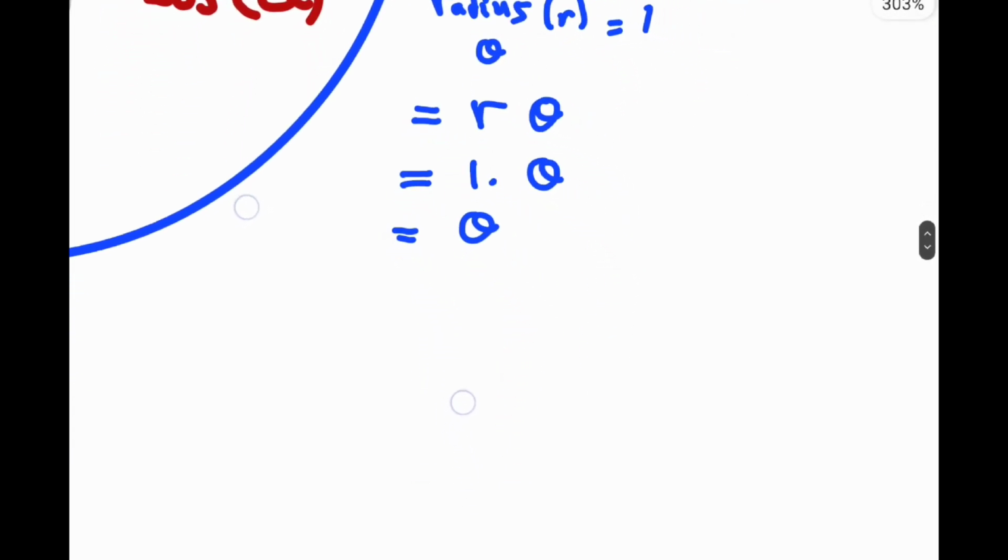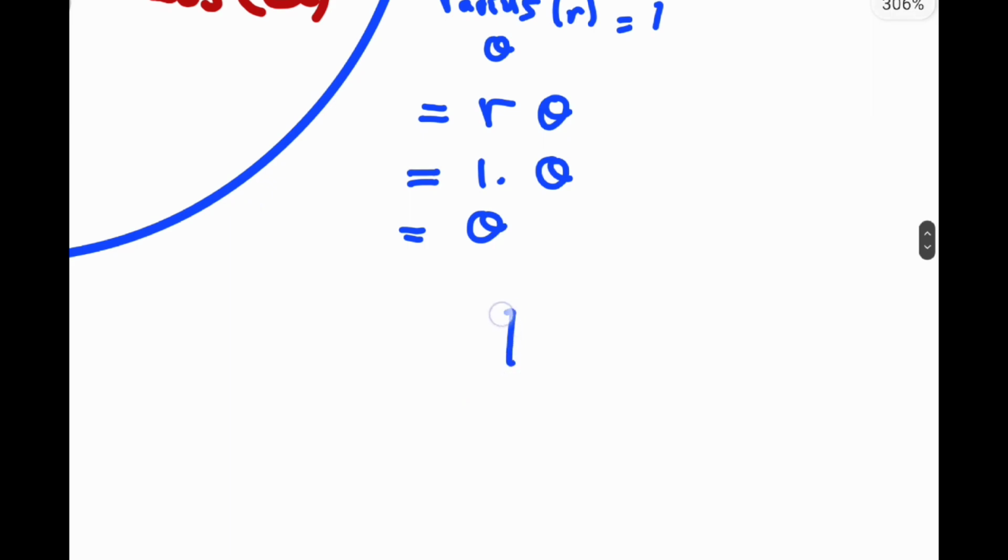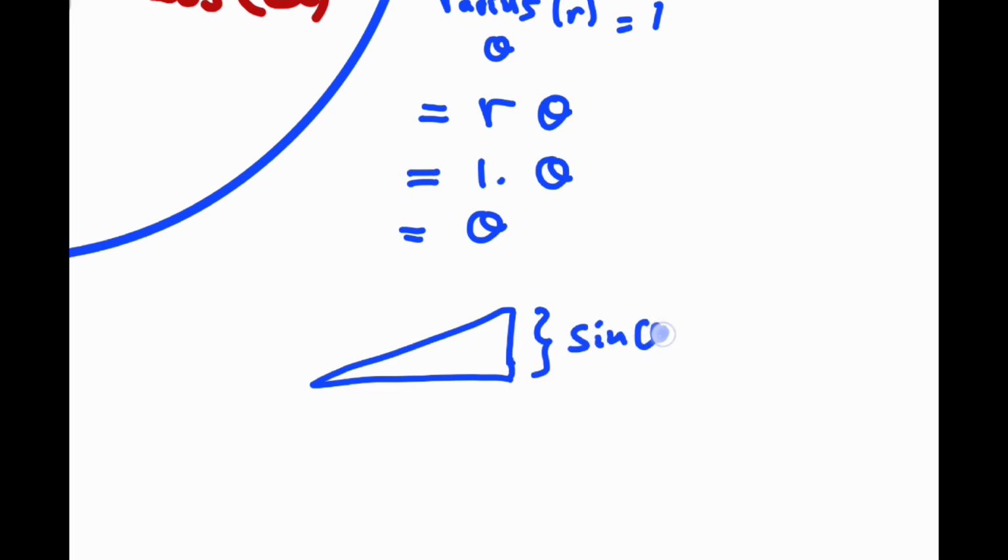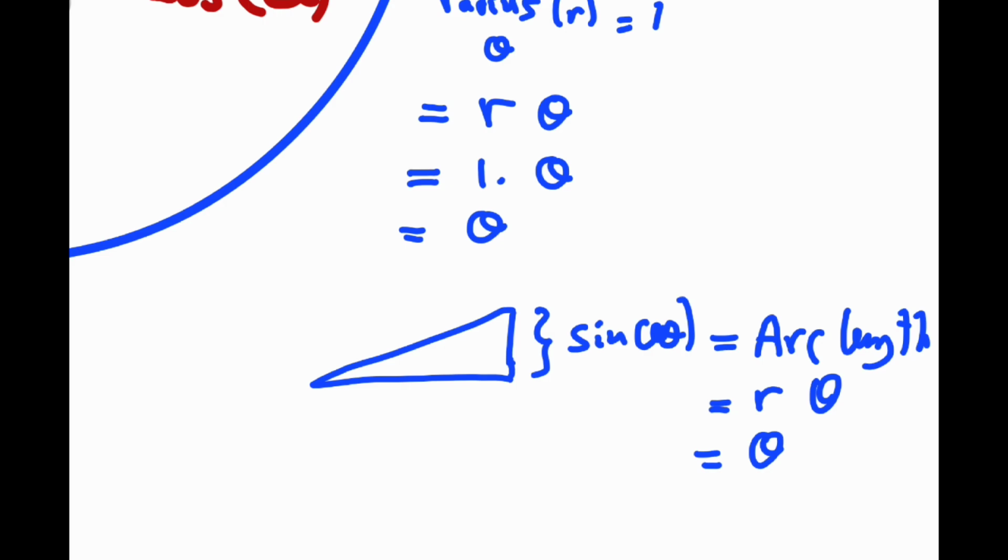So if you go back to the sketch of this small triangle, we said that this is sine theta, and at the same time it represents the arc length, which is equal to r theta, which is just equal to theta. So theta equals sine theta.